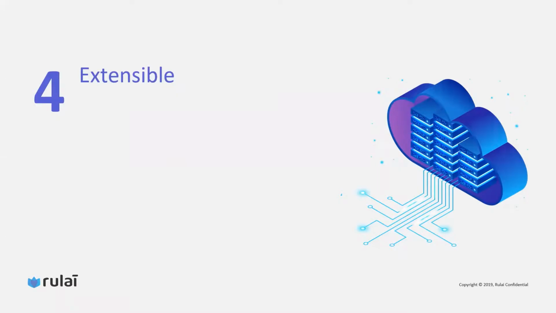Next, let's talk about the fourth item of SAFE, where we think virtual assistants should be flexible and extensible. No solution or software matches the organization's specification exactly. The same goes for virtual assistants.